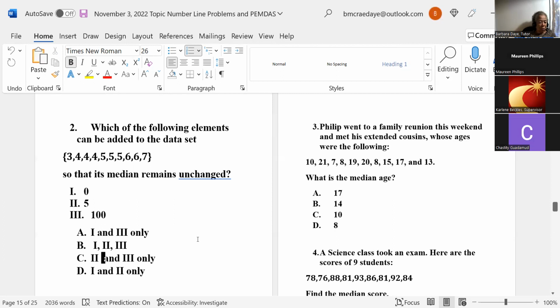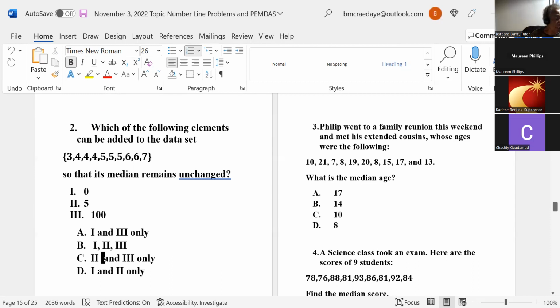So, Maureen, which ones would you say? What can you add? If you add a 0, does it change? Add a 5, does it change? Add a 100, does it change? First of all, ask yourself, what is the median of this data set?